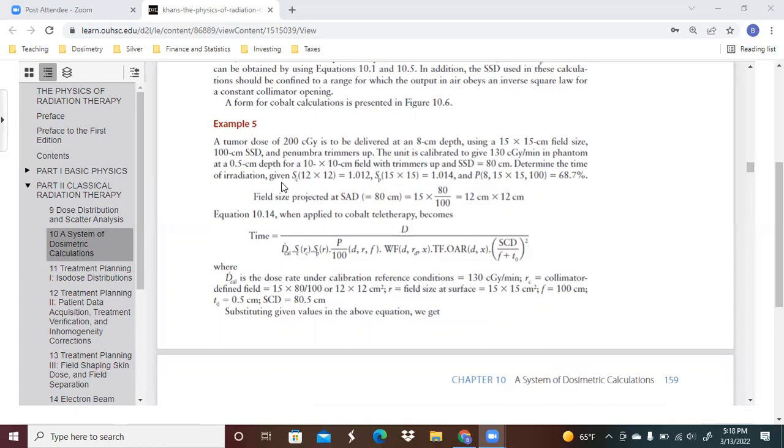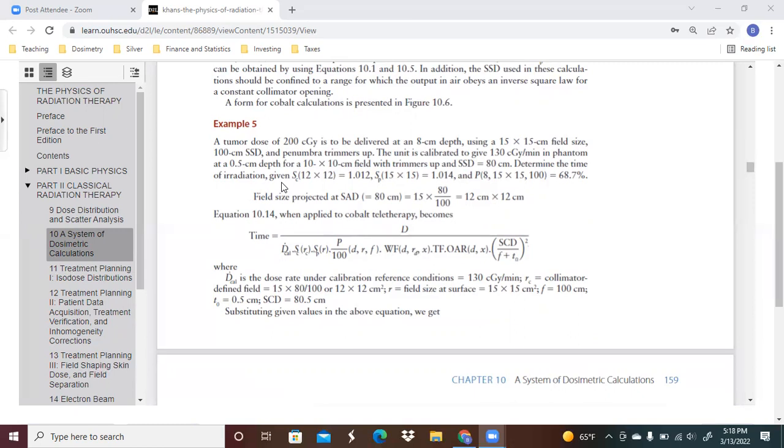Determine the time of irradiation given the collimator scatter of 12 by 12, the phantom scatter of 15 by 15, and the PDD at 8 cm depth, 15 by 15 at 100 SSD is 68.7.